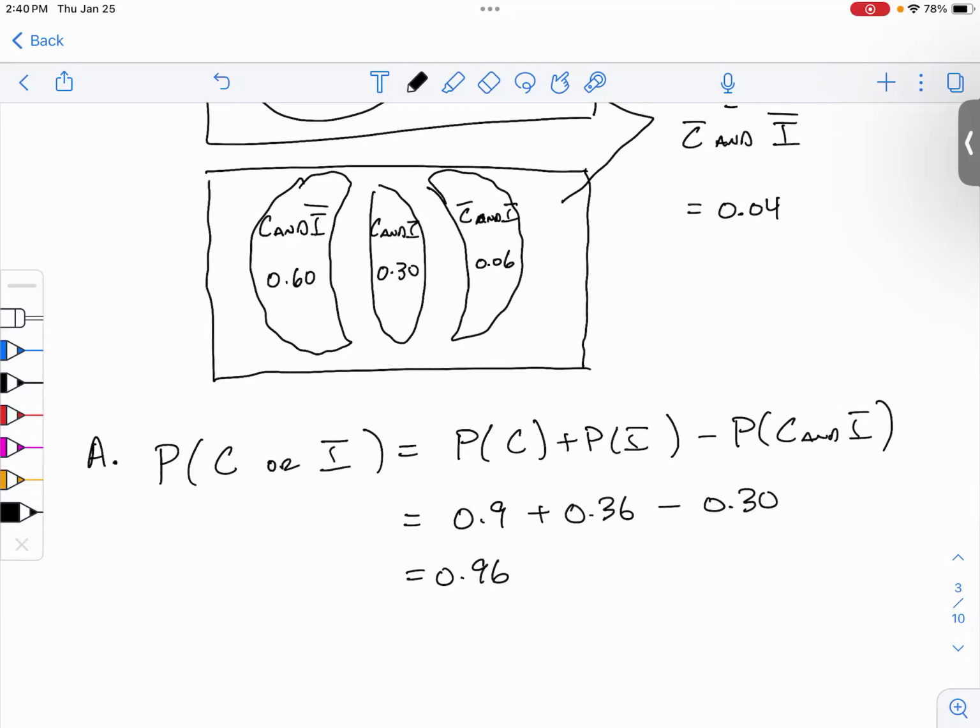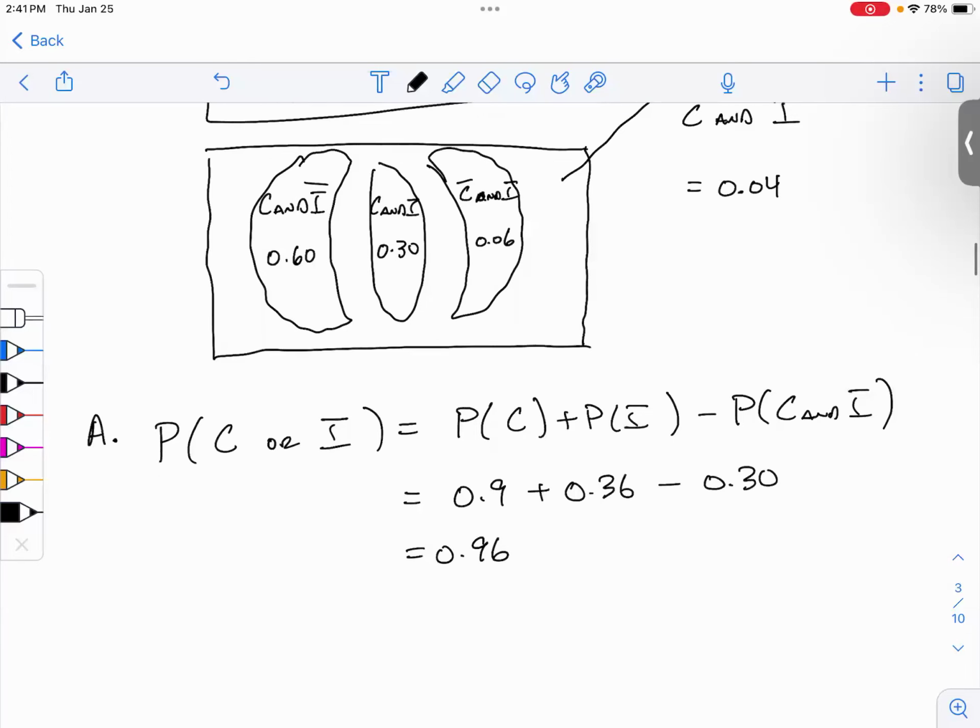That's why the half moon picture is so great here. It's literally that piece, and that piece. Once I have my picture, I can see it's 96%. There is no work to write out. I could just look and say it's 96%. That's from my picture.